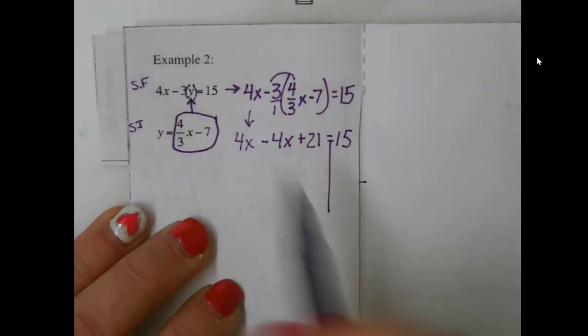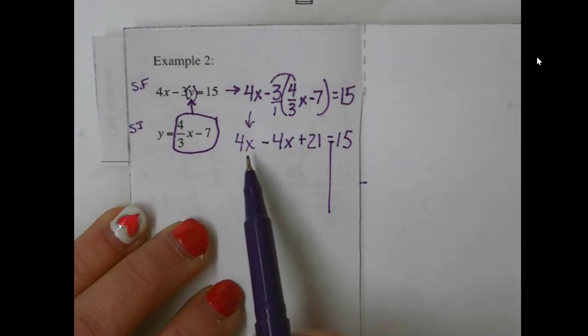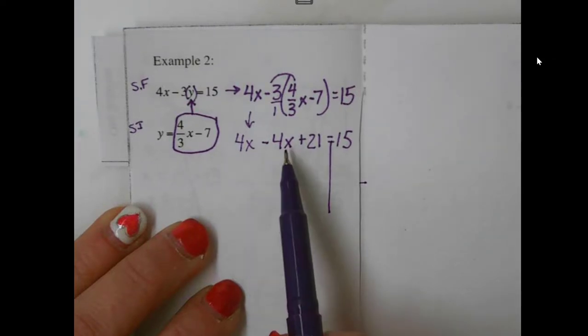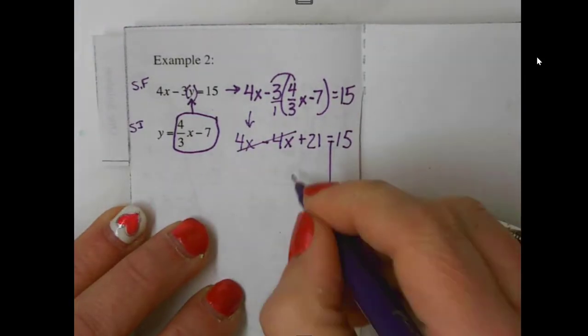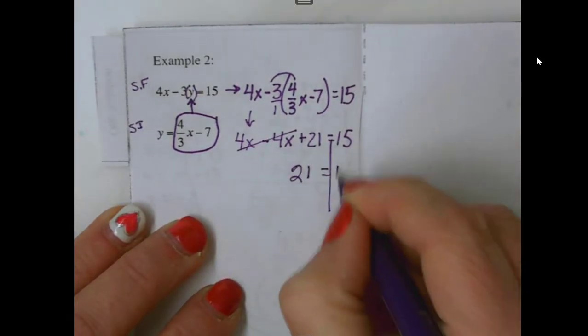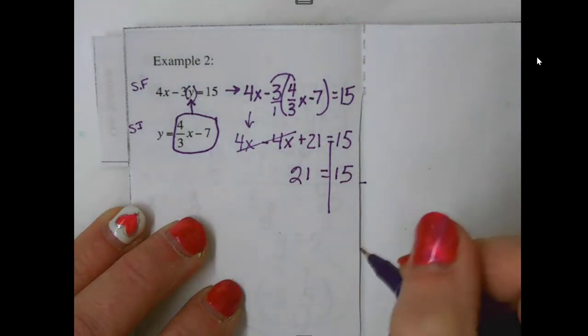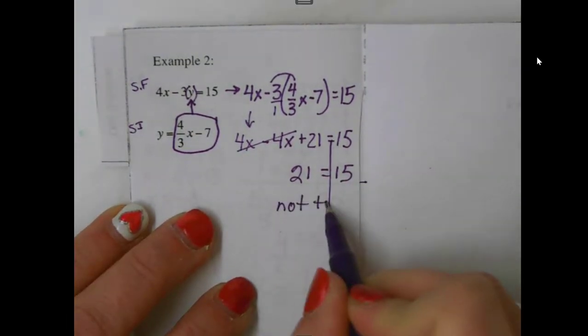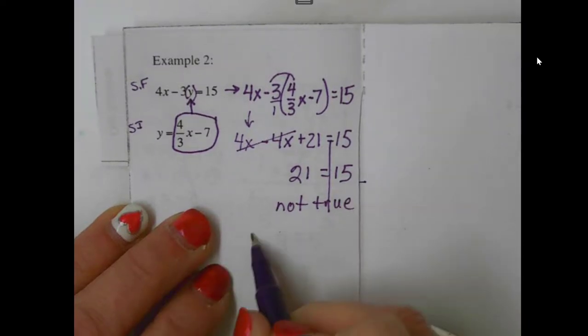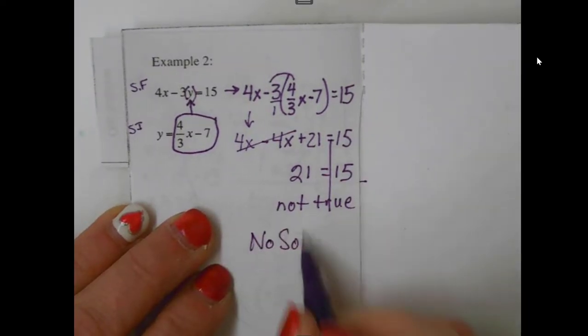All right, so we would solve. We want to simplify first, get like terms together. Oh, look at what happens. 4x minus 4x, they eliminate each other, and we're left with 21 equals 15. That is not true. So when that happens, that's going to be no solution.